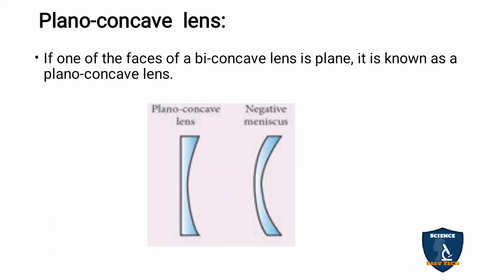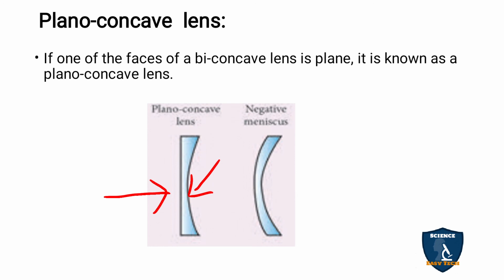Plano-concave lens: if one of the faces of a biconcave lens is plane, it is known as plano-concave. Here one side is plane and the other side is spherical. If it looks like this, it is known as a plano-concave lens, and here it is negative.